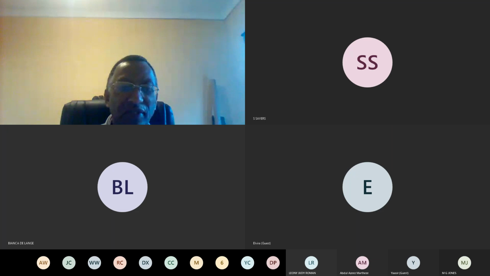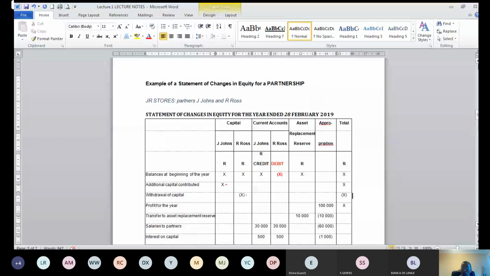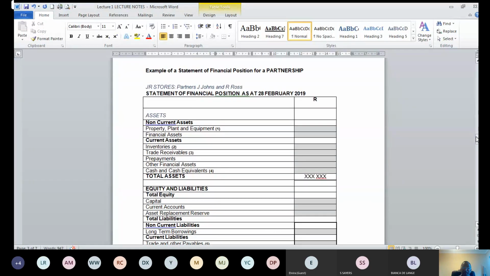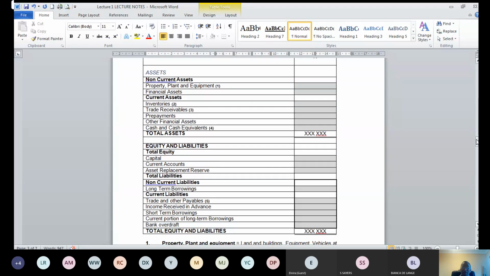The next financial statement that we are going to focus on is the statement of financial position. And the statement of financial position is once again the same as in the case of a sole trader. You get your assets, non-current assets, your current assets, giving you your total assets. The only difference comes in with your equity, of course.